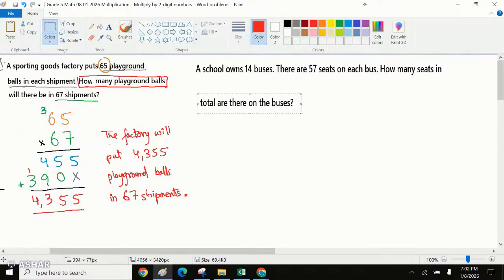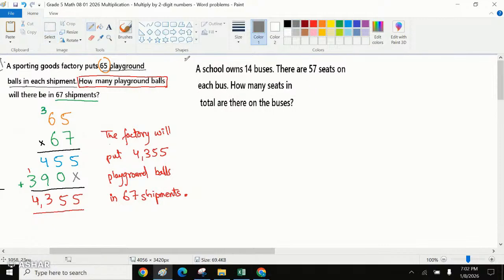Question number 2 says a school owns 14 buses, and each bus has 57 seats.